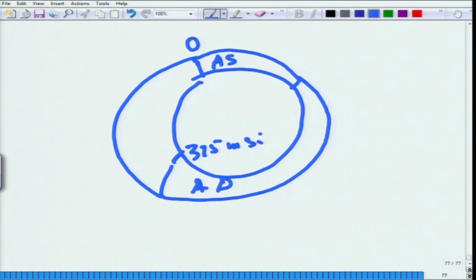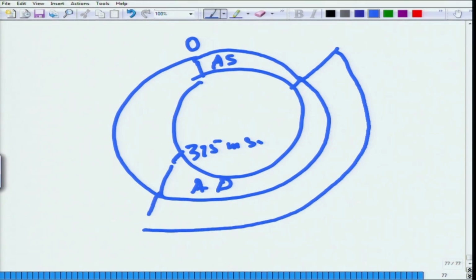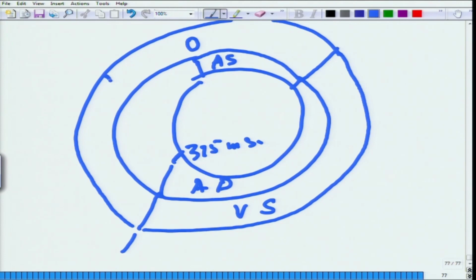On the other hand, the ventricular systole phase is around 375, and from here it moves on to the ventricular diastole phase, which is around 100 milliseconds, and this is 375, and this one ends there at 800 milliseconds.